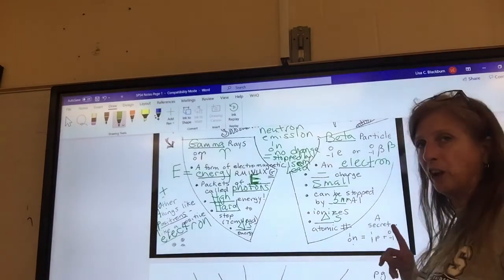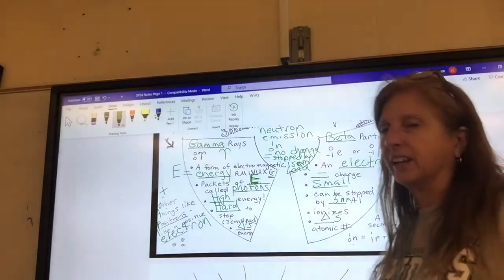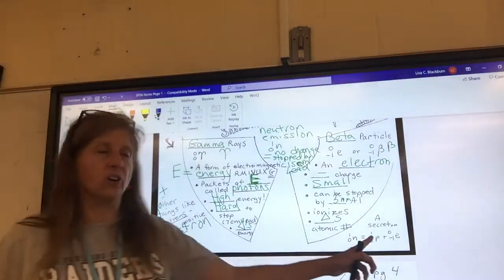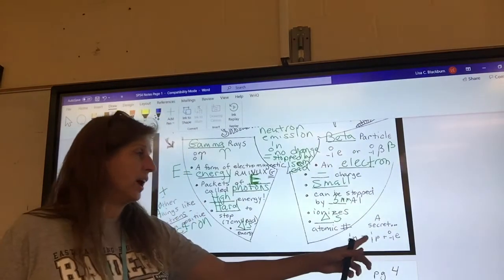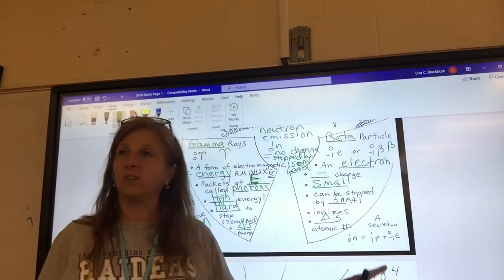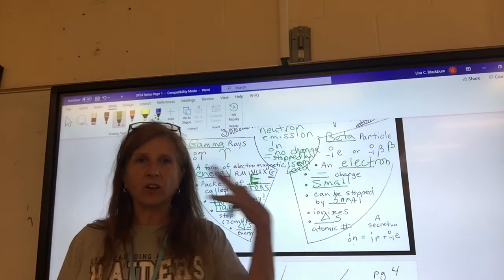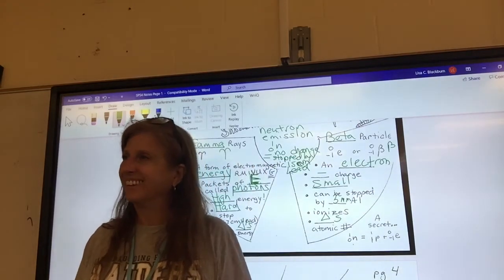Also, if you cram together real hard a proton and an electron, you can get a neutron. So now you see why neutrons are neutral, because they're made out of a positive and a negative. You can see why neutrons have the mass of a proton, because it's made out of a proton. Mind blown now.